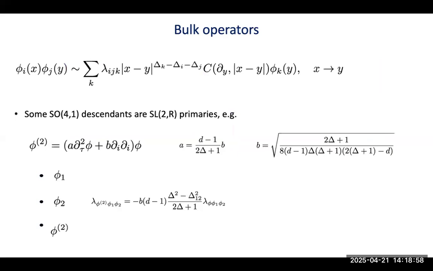Here I write an example of a bulk operator descendant at level 2, which is an SL2R primary for this conformal transformation along the line. And the OPE coefficients of such bulk descendants are known in terms of the OPE coefficient with the primary. So we put that information in.